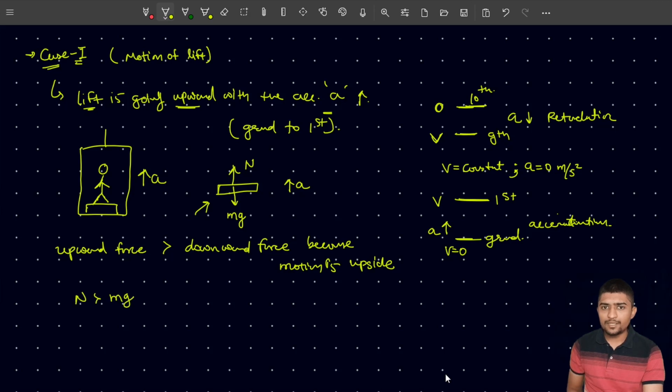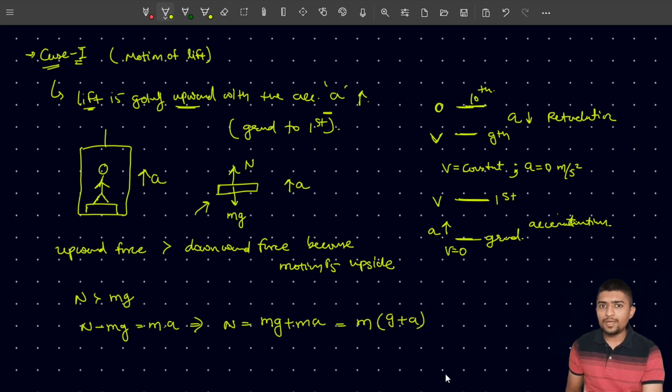So when we write the equation, N minus mg is equal to net force ma, here N is equal to mg plus ma, that means m common, a plus g.